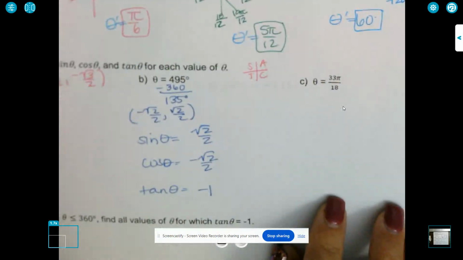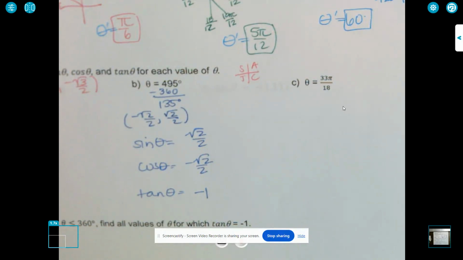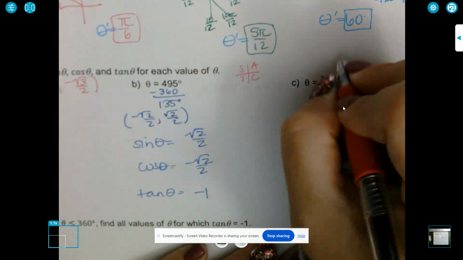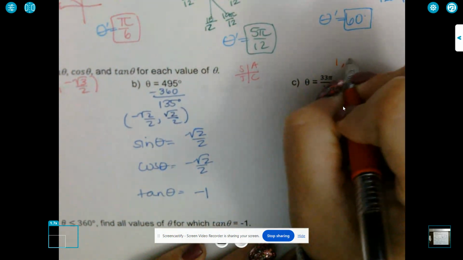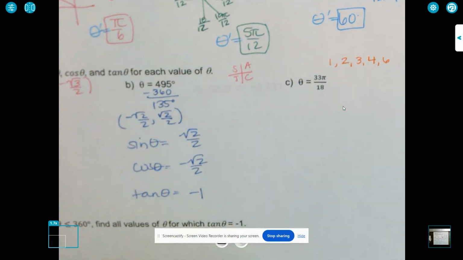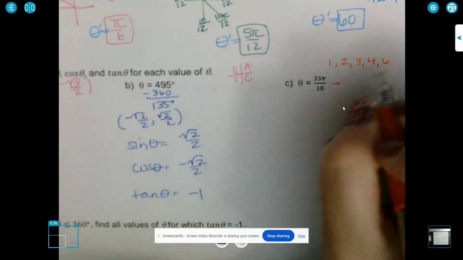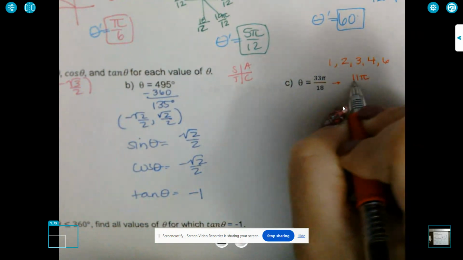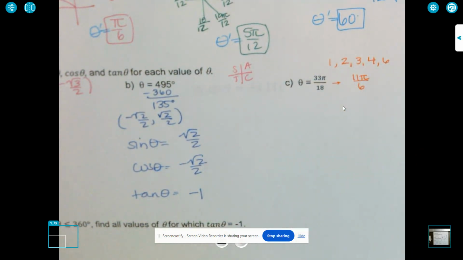All right. Now, 33 pi on 18. So one thing I notice here is 18 is not one of my special denominators on my unit circle. My unit circle denominators are obviously 1, 2, 3, 4, and 6. But I do notice that I can reduce this fraction down. And I'm going to reduce it down to 11 pi on 6, which then I am going to notice is in my unit circle.